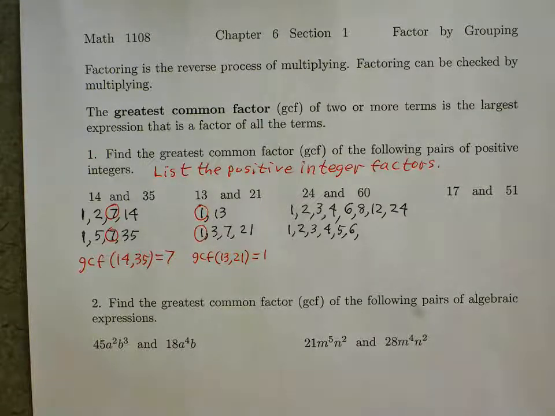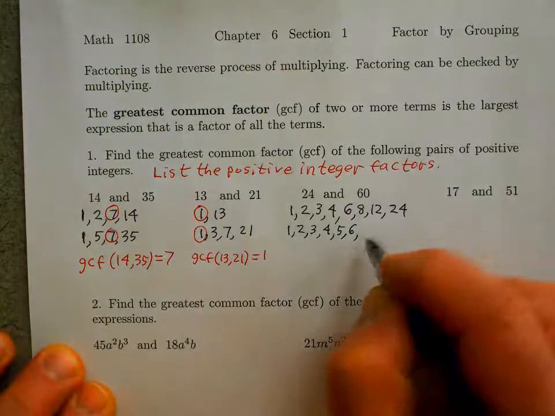Well, we can check. 7 is not an integer factor of 60. 8 is not an integer factor of 60. 9 is not.